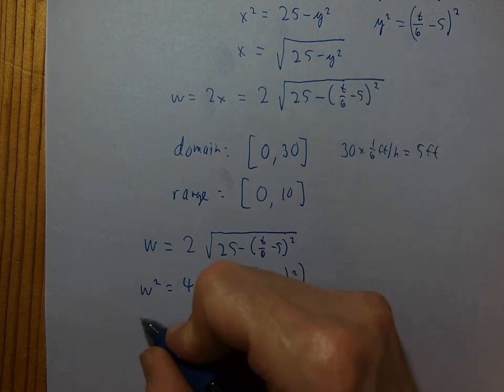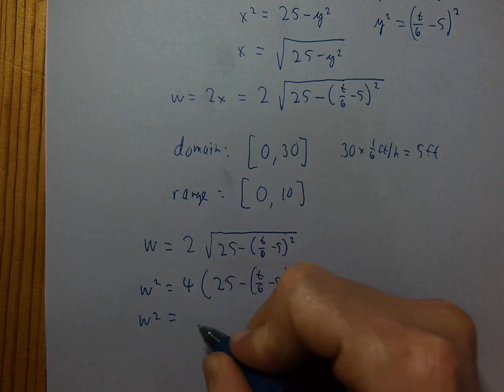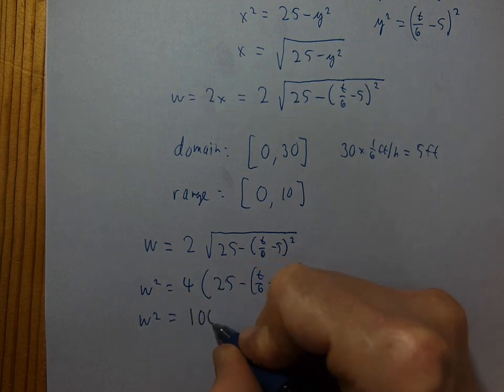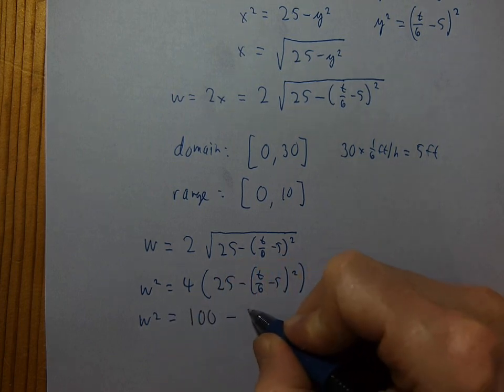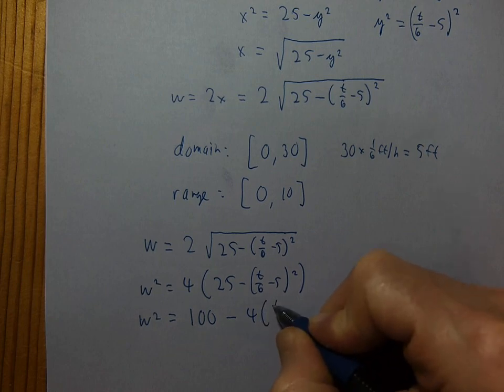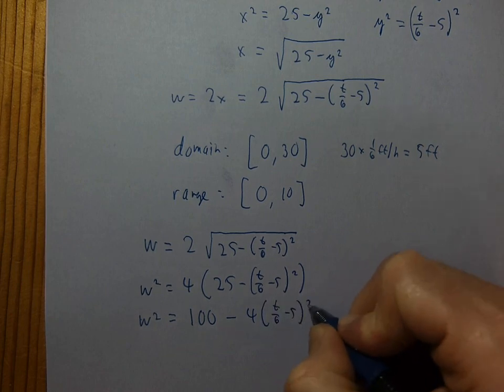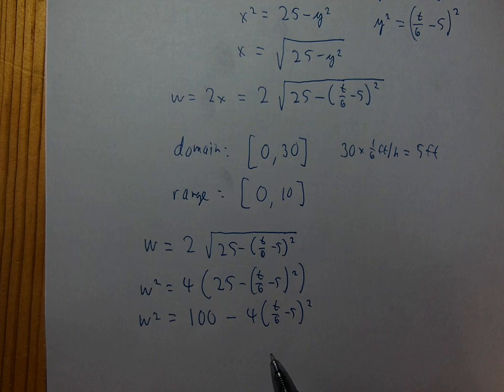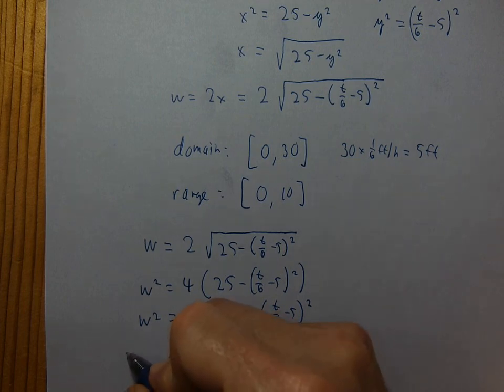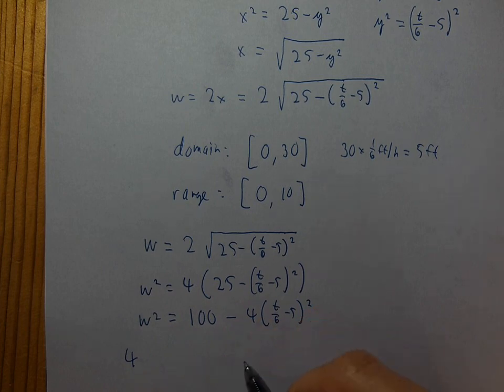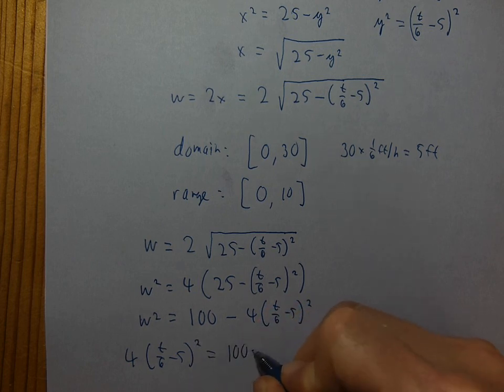Multiply the 4 through. W squared is equal to 100 minus 4 times t over 6 minus 5 squared. Let's put the minus 4 over here and the w squared over there. So that would be 4 times t over 6 minus 5 squared equals 100 minus w squared.